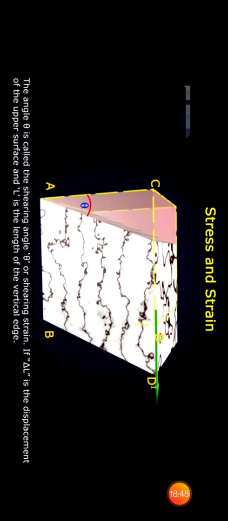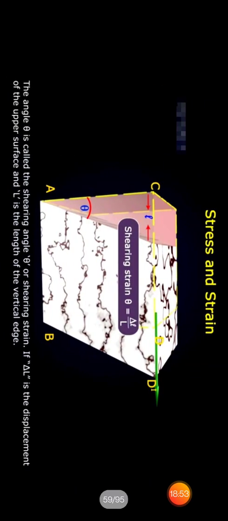If delta L is the displacement of the upper surface and capital L is the length of the vertical edges, then we get the formula for shearing strain, that is theta, as shown in the figure.